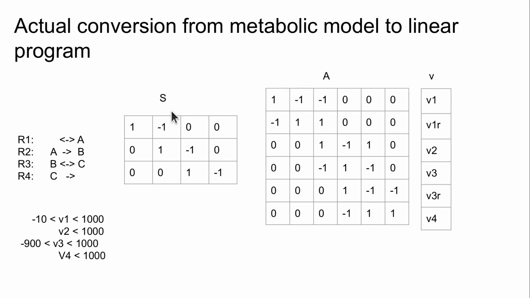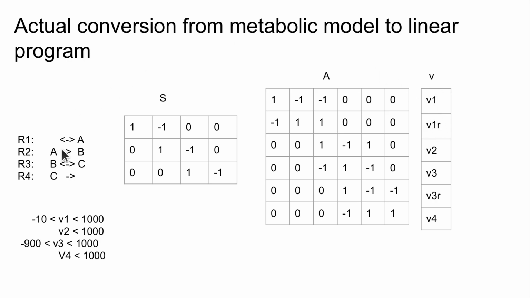The first is, because we have this requirement that each flux has to be positive, we have to split our reversible reactions, R1 and R3, into two different reactions. One which is the original, and then the other which is the same but reversed.